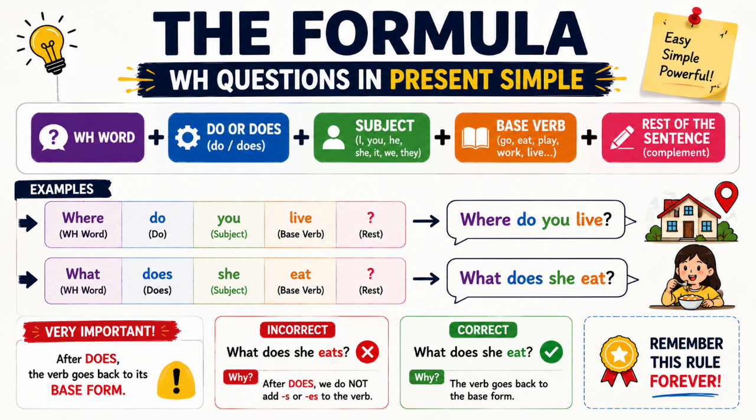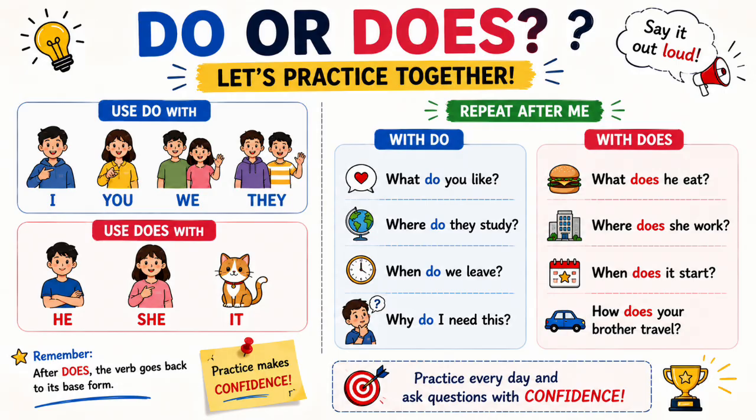We do not say, what does she eats. That is incorrect. Correct? What does she eat? Remember this rule forever. When to use do and does. Use do with I, you, we, they. Use does with he, she, it.